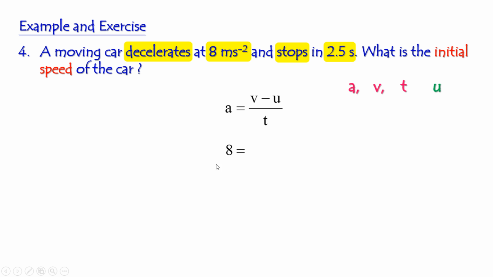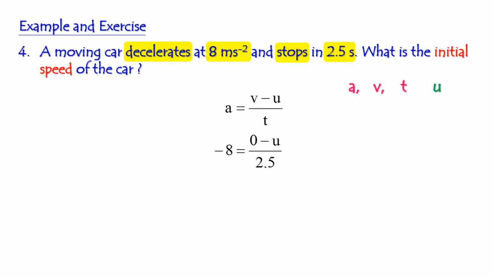So if the car decelerates, it should be minus h. Is it okay? Minus h. And then equals 0 because the car finally stopped, so the final speed is 0. And the initial speed, I don't know, I'm going to find out this value. And the time taken is 2.5 seconds.